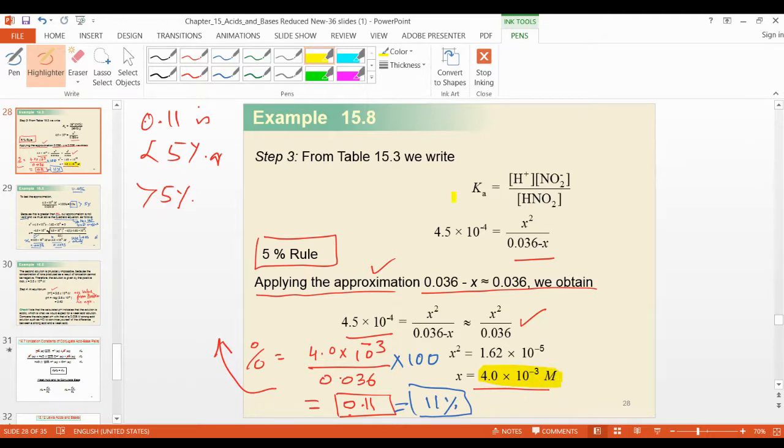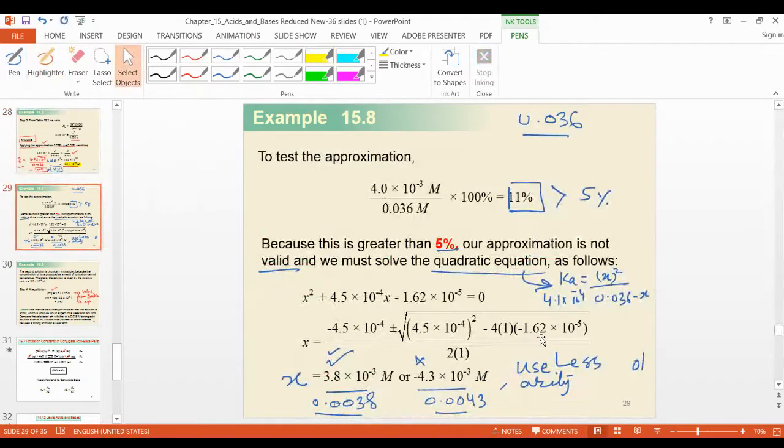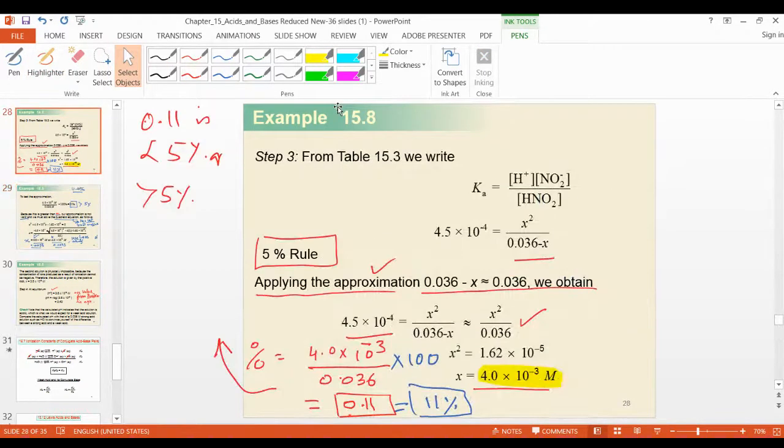So you can directly calculate if the approximation is correct. Correct means the percentage is less than 5%. If you are getting that, then you will use this directly.